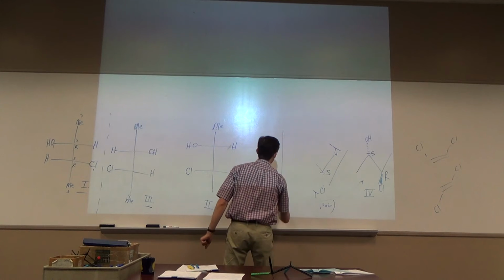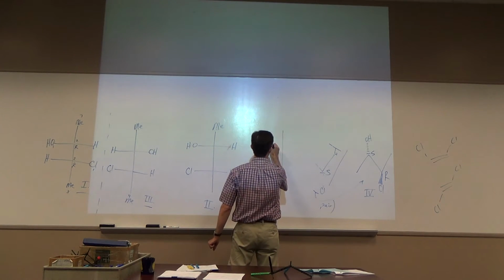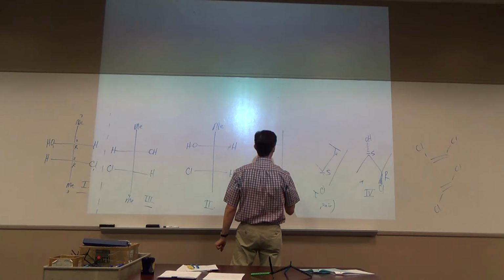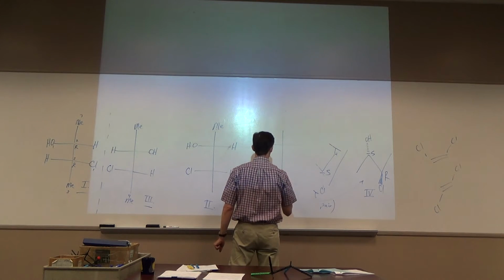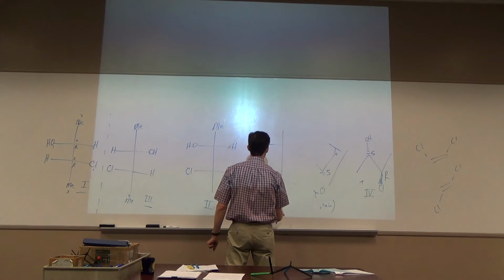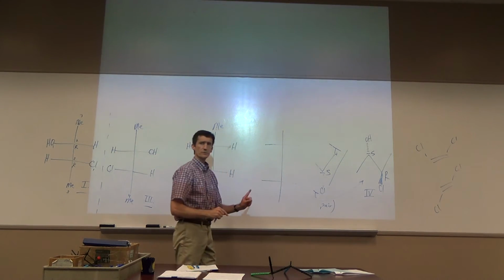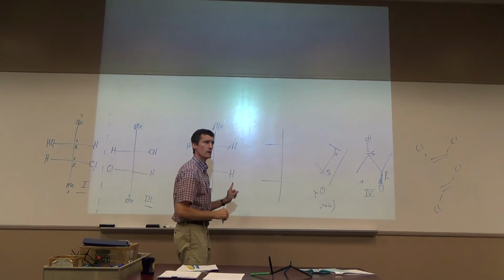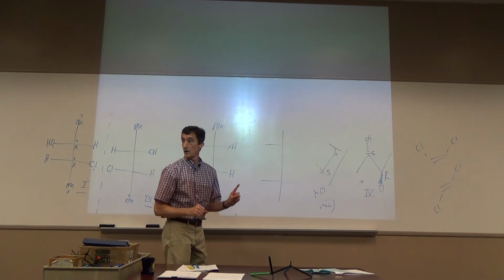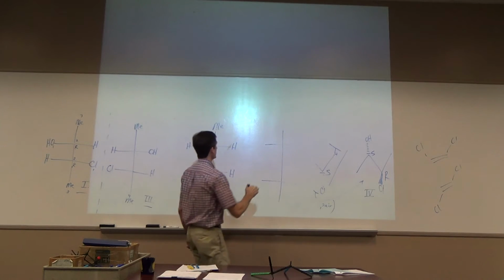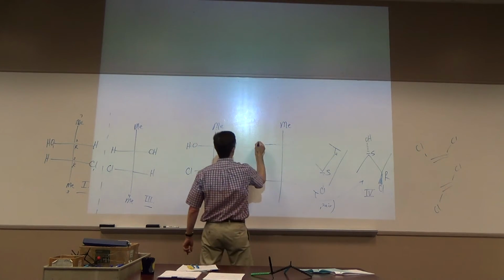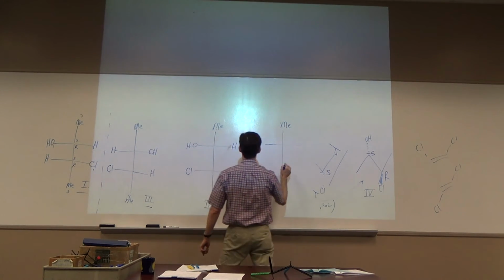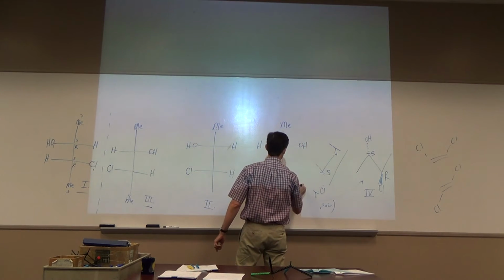Now let's do compound 4. What's the relationship between 2 and 4? Mirror images. They're enantiomers. Oh, that'll be easy. We can just draw it as the mirror. H here, OH here, Cl there.